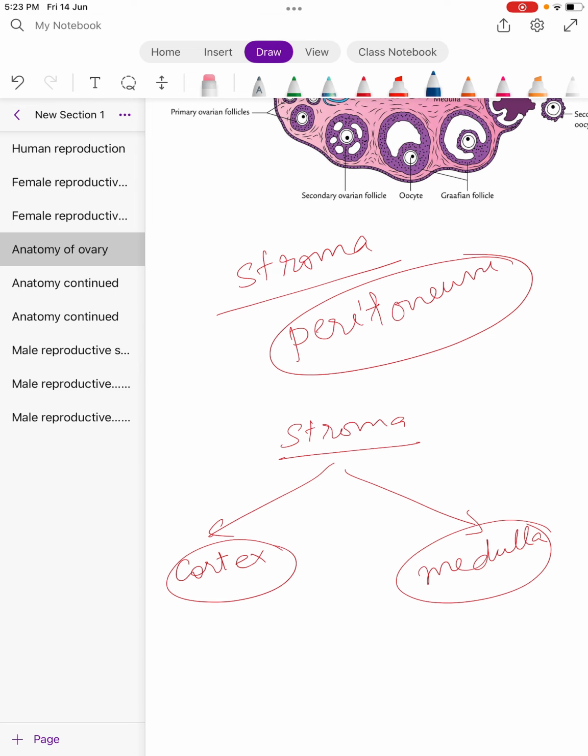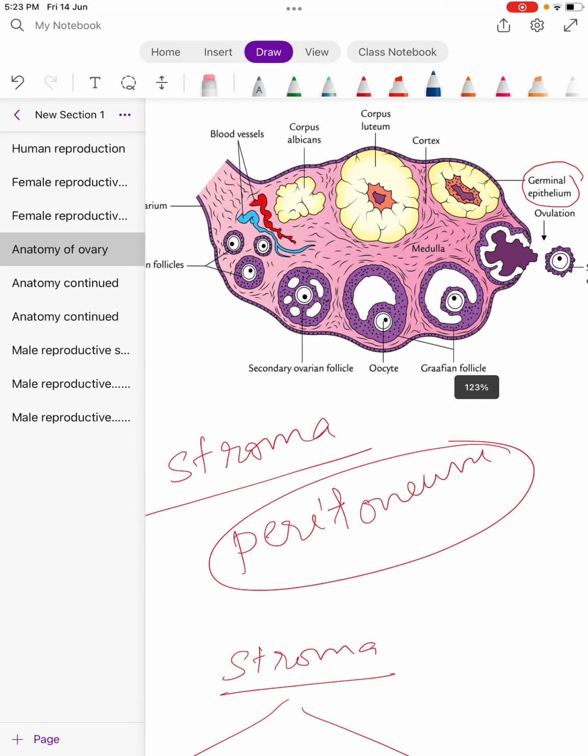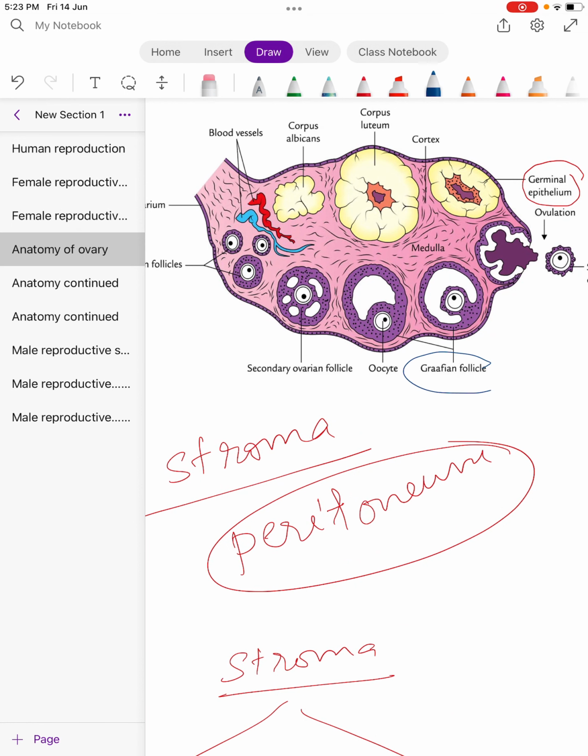The ovarian medulla contains many rounded and oval bodies known as Graafian follicles. Here we can see the Graafian follicles. Here is the medulla, the central part of the ovary. What is present in the medulla? Graafian follicles are present in the medulla.